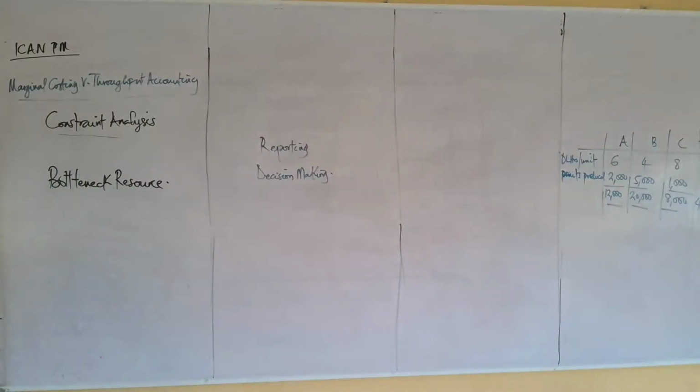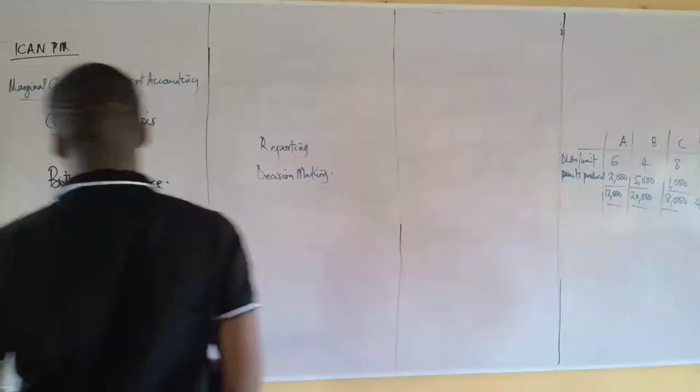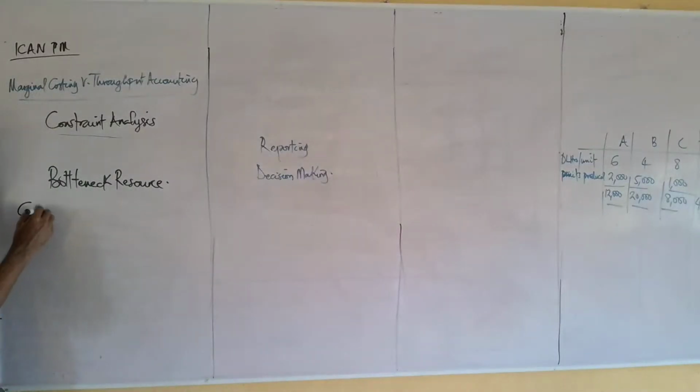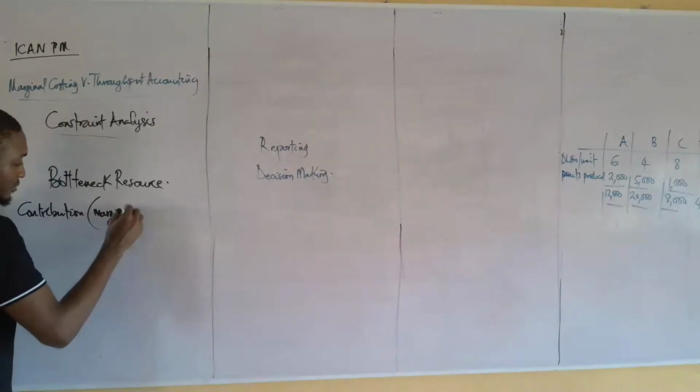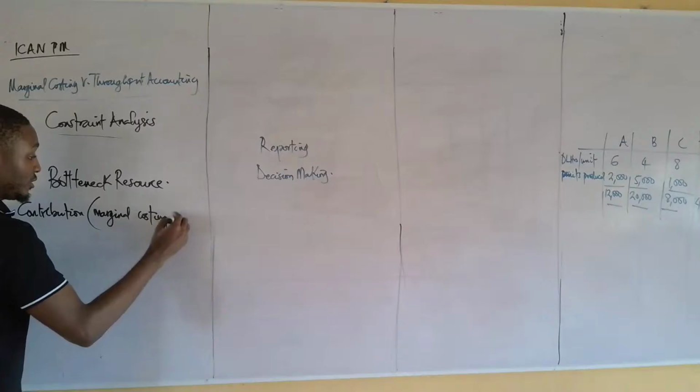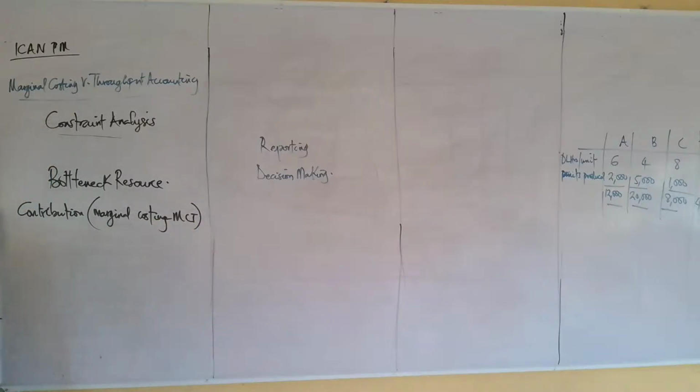Step 2: Calculate contribution, in brackets marginal costing, and throughput, in brackets throughput accounting.